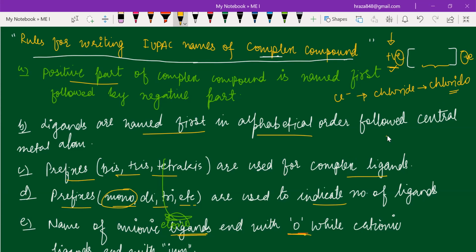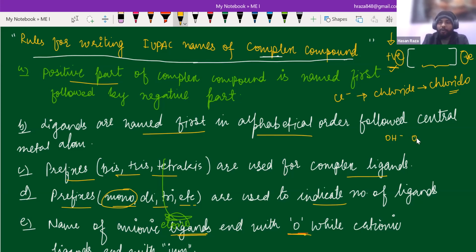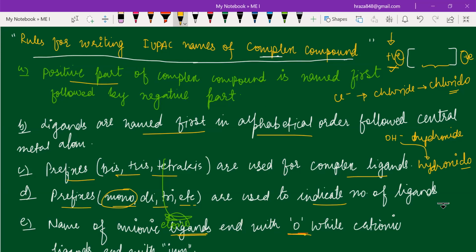If you have OH minus, which is hydroxide, its name is hydroxide ion. But since we are going to write the name in a complex, its name will be hydroxido. The names of anionic ligands end with O. Is that clear? Yes, sir.